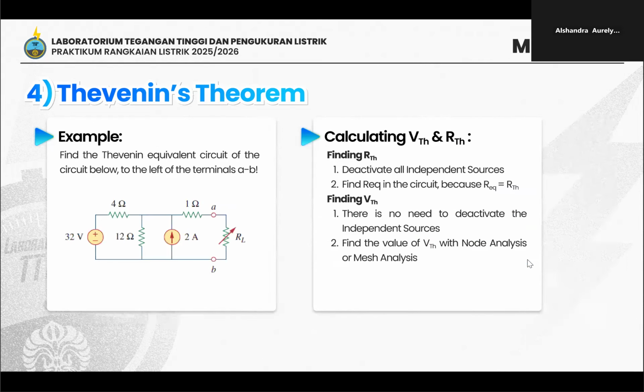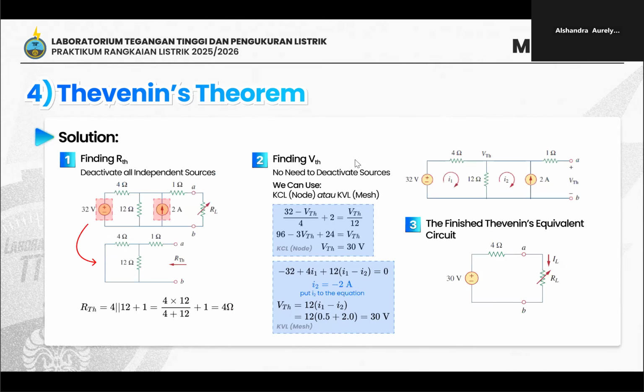Okay, this is the example for Thevenin's theorem. We have this circuit here, and we need to calculate the Thevenin equivalent circuit from it. So this is the solution. It's quite easy. First, we need to find R Thevenin. We just deactivate all of the sources, this one short and this one open, as you can see here.